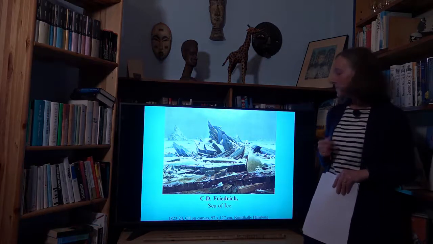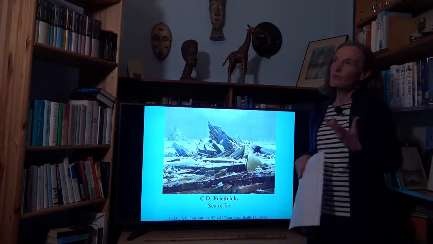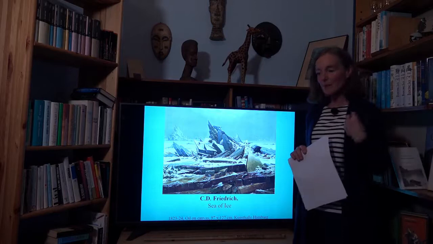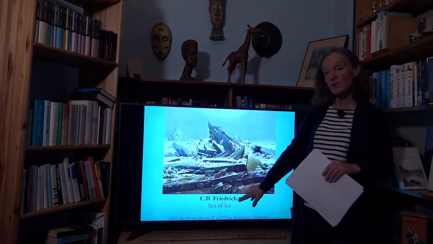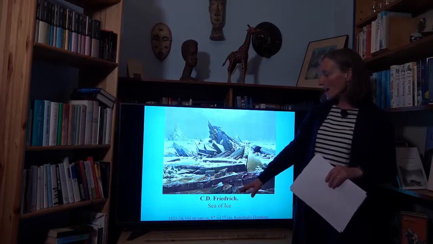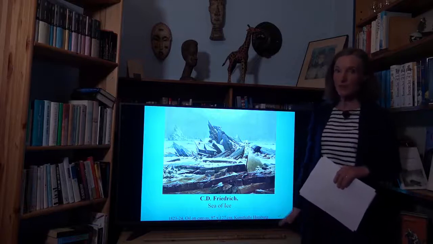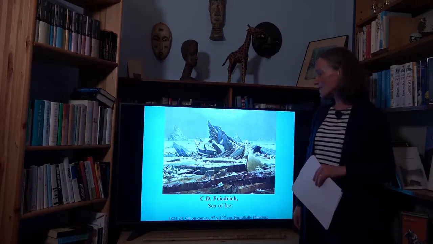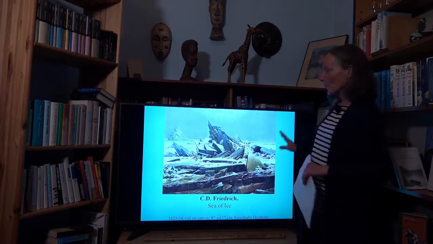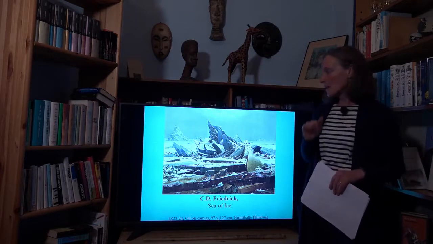Now a landscape. After Neoclassicism, so the second half, it depends on the country and the artist, but after Neoclassicism, the beginning of the 19th century, we have Romanticism, and Caspar David Friedrich, whom you may know, a German artist, very famous German landscape artist, did this painting of a sea of ice.